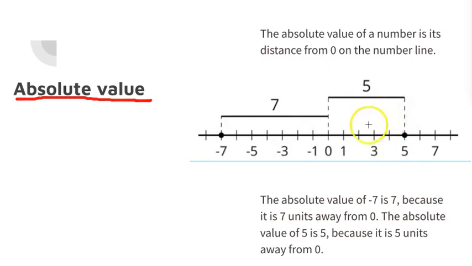Basically, again, all we're saying here is not whether the number is positive or negative, but its value in relation to that 0. How far away is it from 0? The negative just tells us that it's going to be to the left of 0. Nothing with it's going to just tell us to the right.